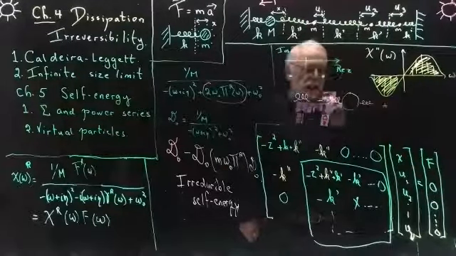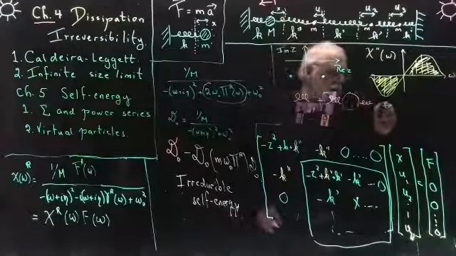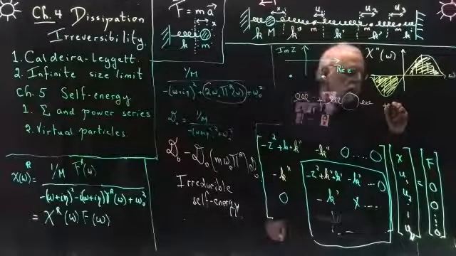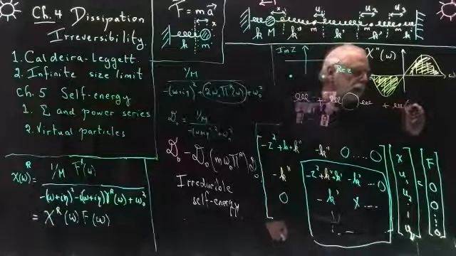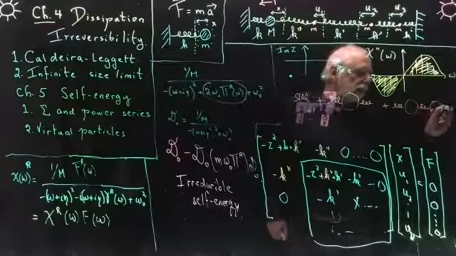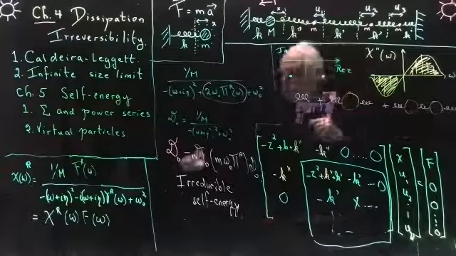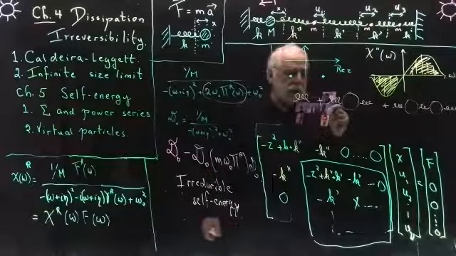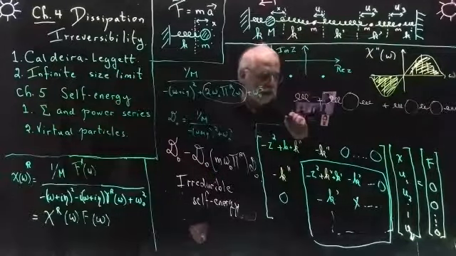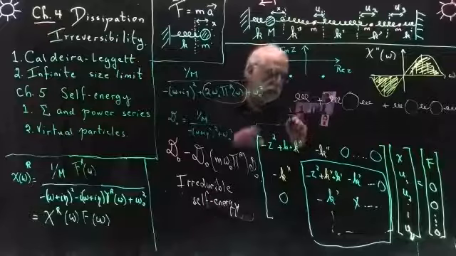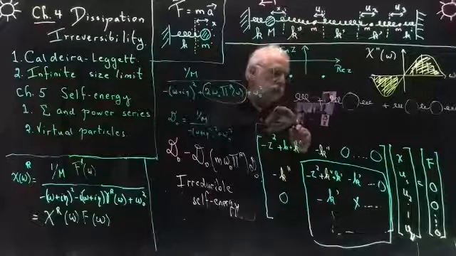Then the next term will be this times this times this times this. I'm just doing a geometric series here. So I'm expanding 1 plus x in the Taylor series in some sense.